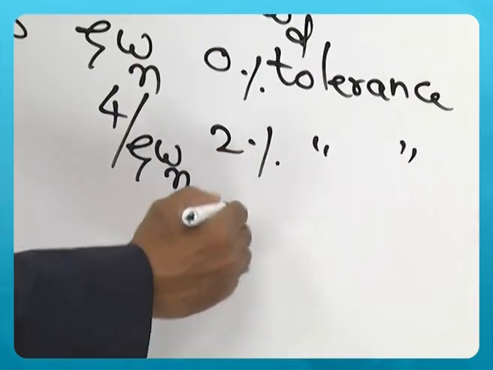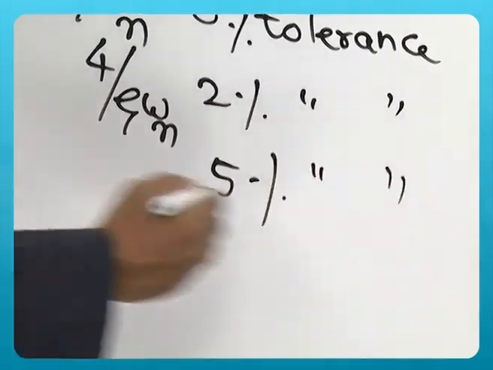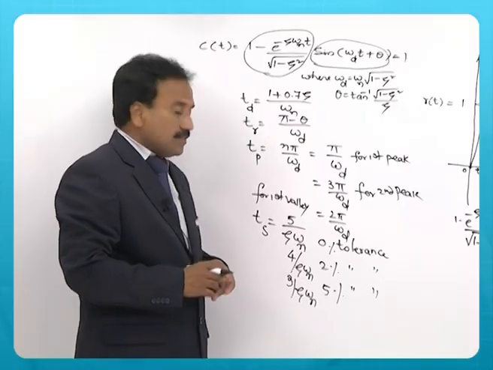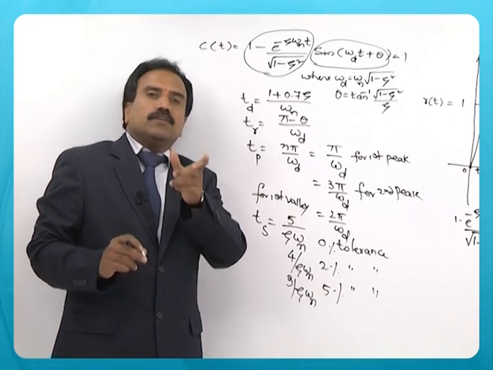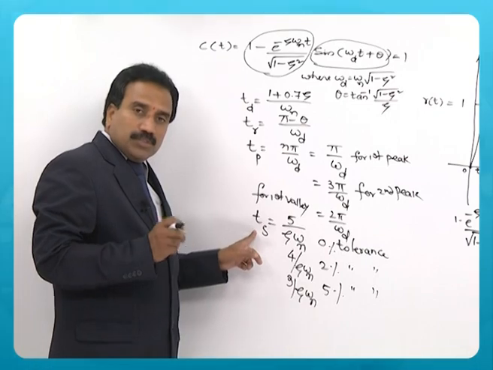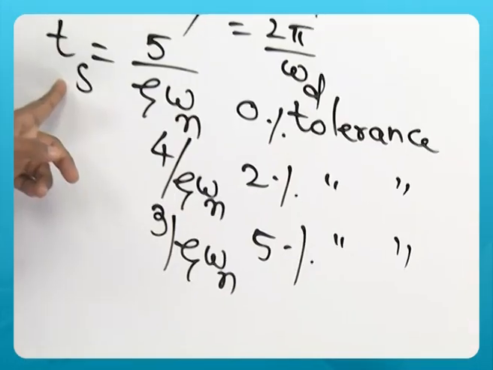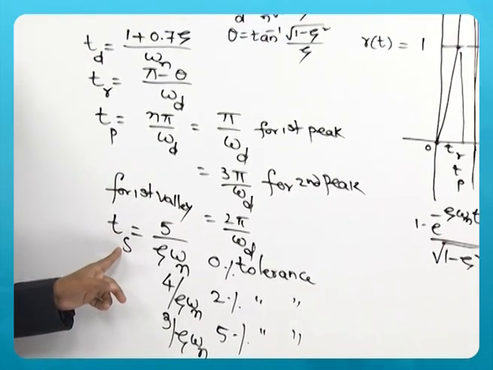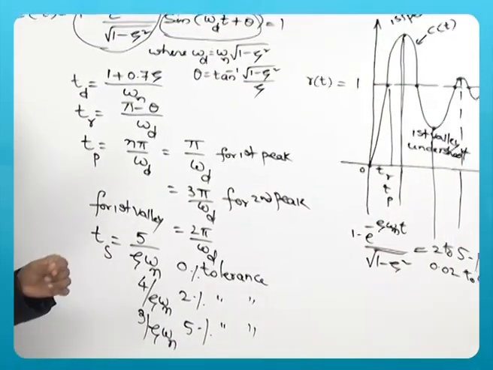If you take 5% tolerance, it will be 3 by zeta omega n. Just see that settling time has a very important significance: the response must stabilize, should reach the steady state. By that time the transients have to be died out.